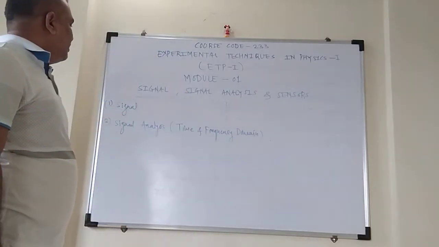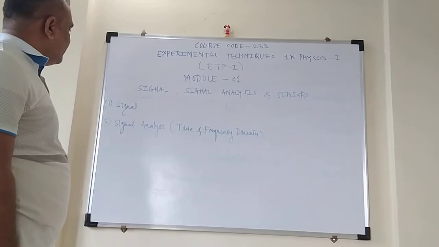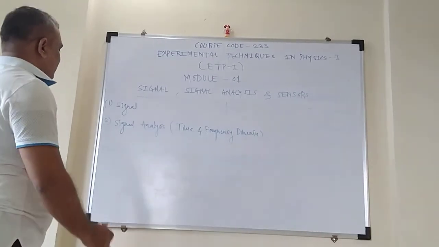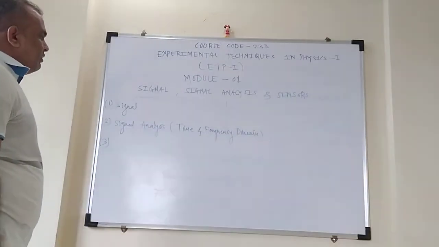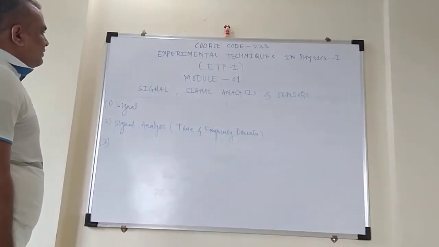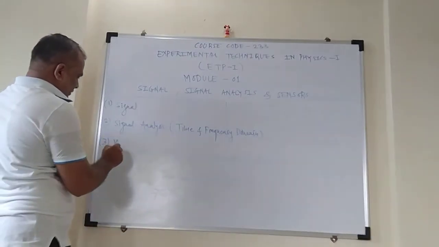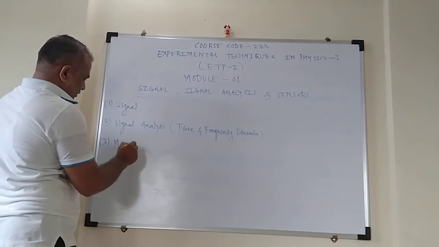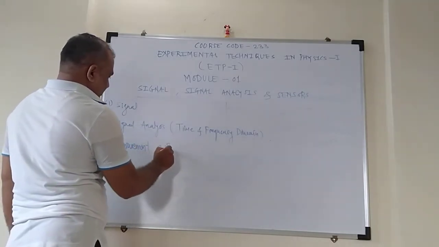And in the signal we have to study what is meant by signal, its definition, and the types and classifications of the signals. The third topic in the first module is measurement of a signal, or I can just say measurement and the result of measurement.